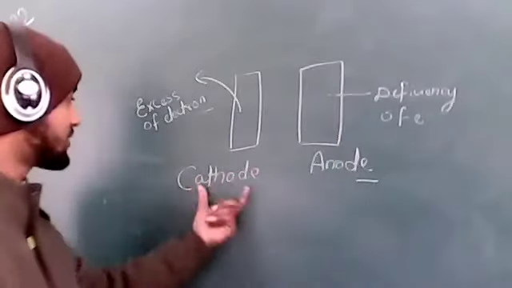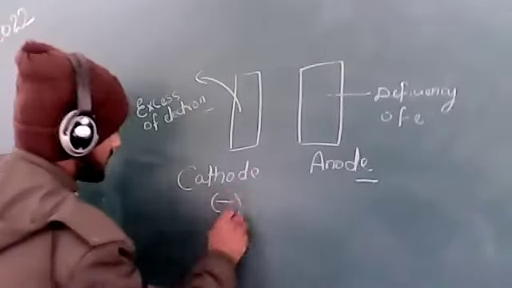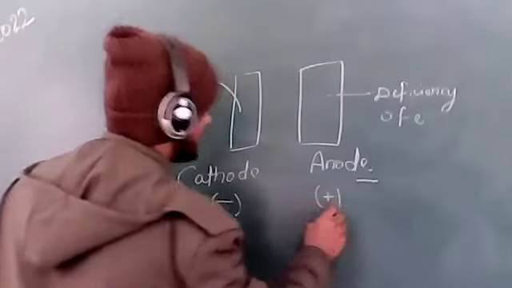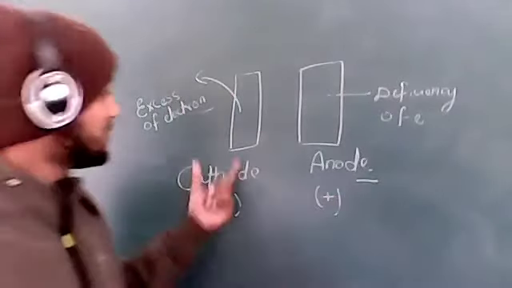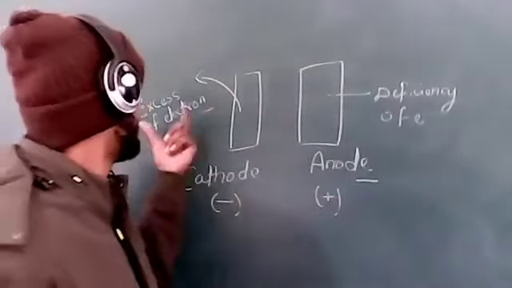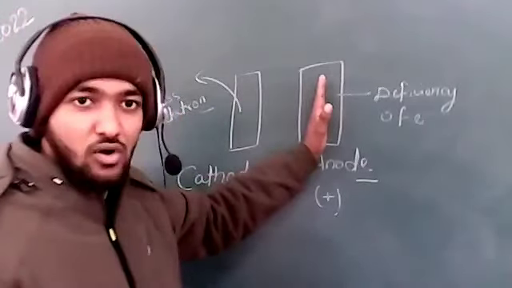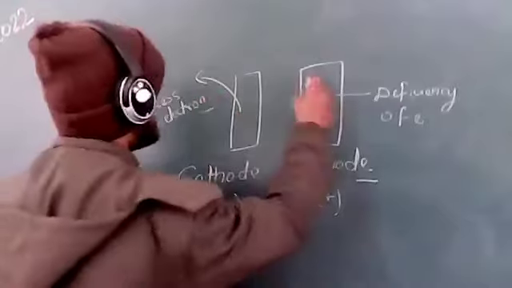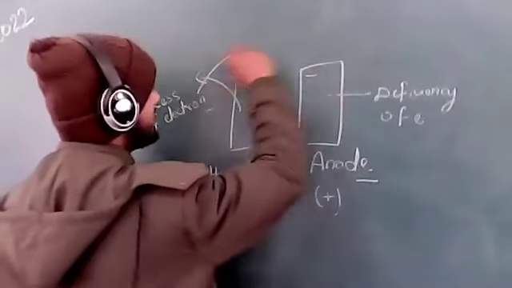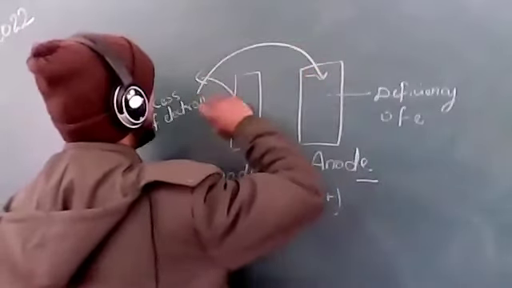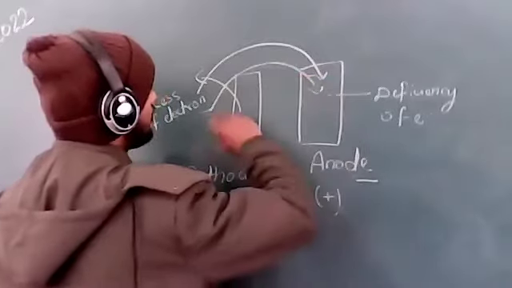So this cathode is negatively charged and this anode is positively charged. Due to this, electrons transfer from cathode to anode.